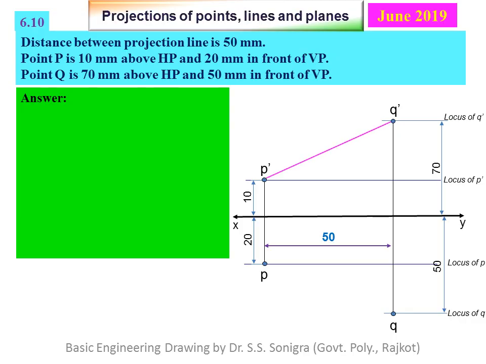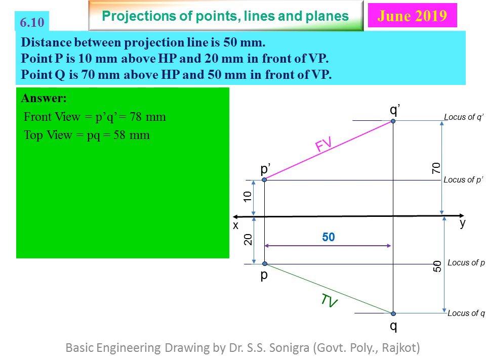Now join P dash with Q dash, that is the front view of line PQ, and the length P dash Q dash is equal to 78 mm. This is the answer of this problem. Then join P and Q, that is the top view of line PQ, and measure its length. The top view PQ is equal to 58 mm.